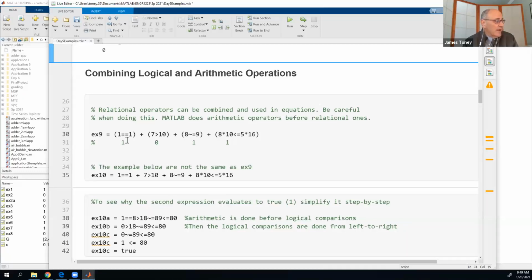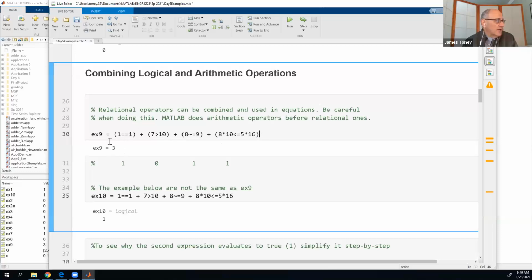Then it will just put that number, 1 or 0, into the arithmetic expression, which in this case means it's just going to add up the ones. So I got a 3. What that's telling me is of these expressions that I put here, 3 of them are true. And so this can actually be a powerful technique for analyzing data sometimes.